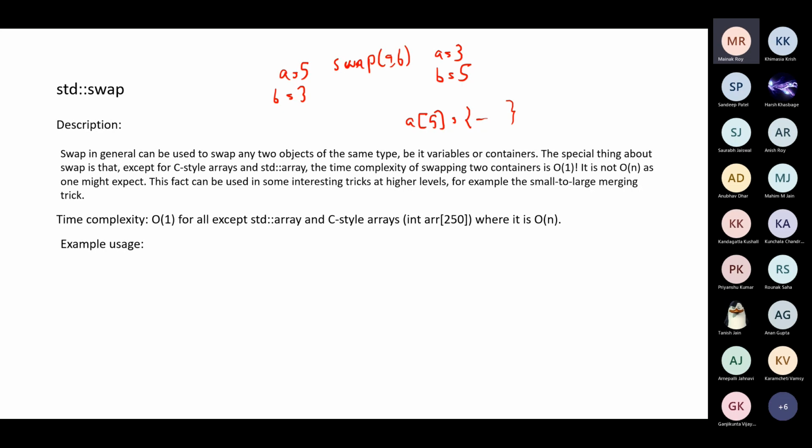If you're interested, you can Google and read about the small to large merging trick. Really the most important point is that this is constant time. Example usage is just swap(a, b), a one-liner, where a and b are two objects of the same type.